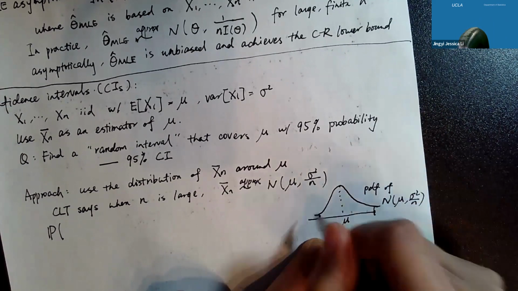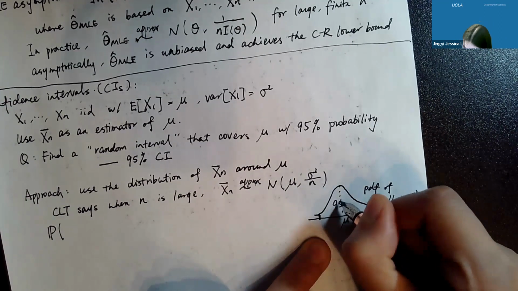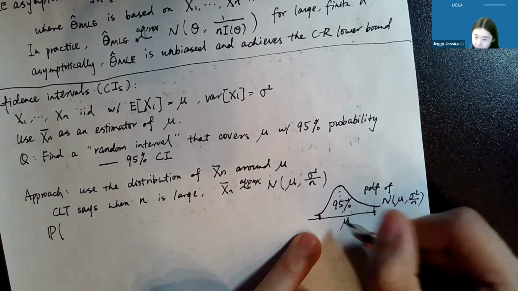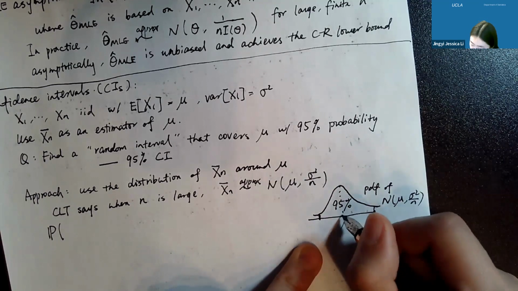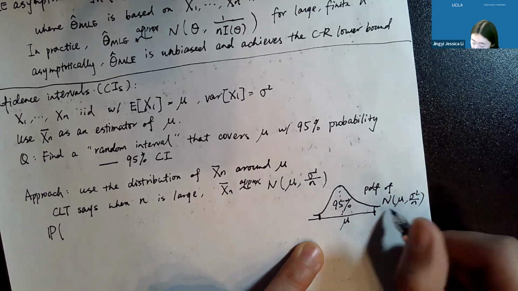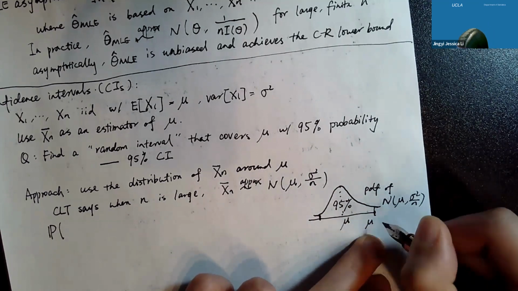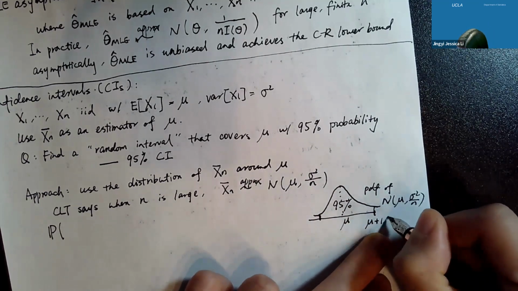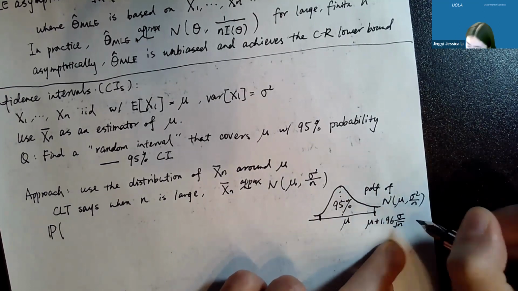I can define an interval that covers 95% of the probability under the curve, and because the distribution is known, we can write this as mu plus 1.96 times sigma over root n.